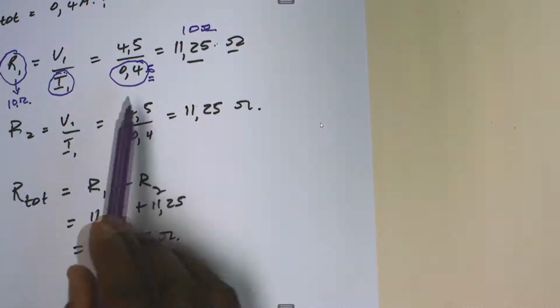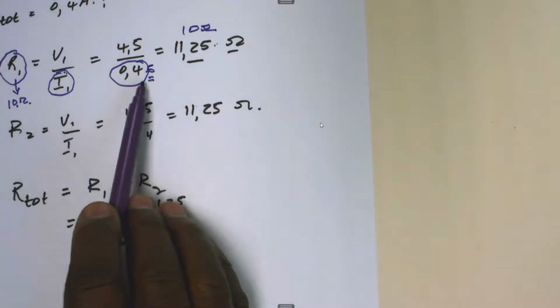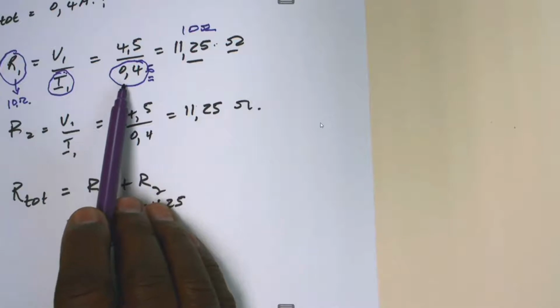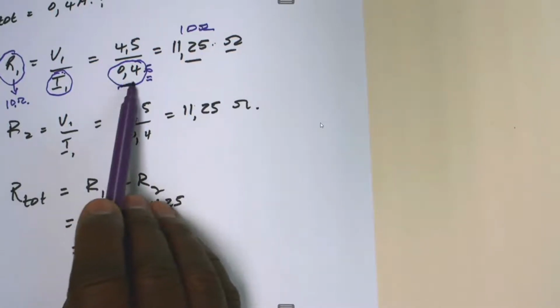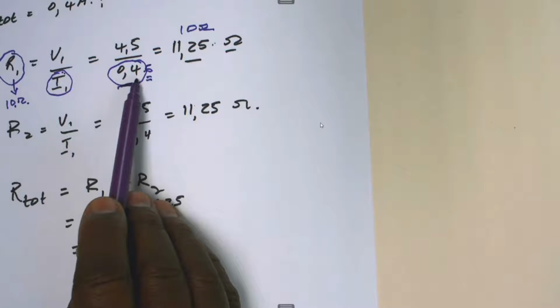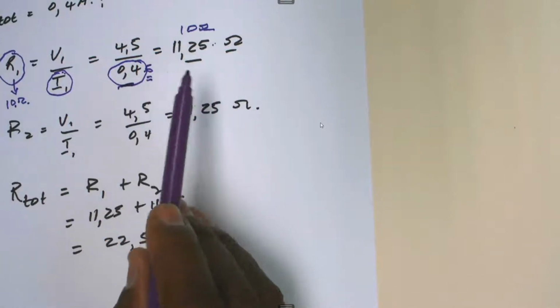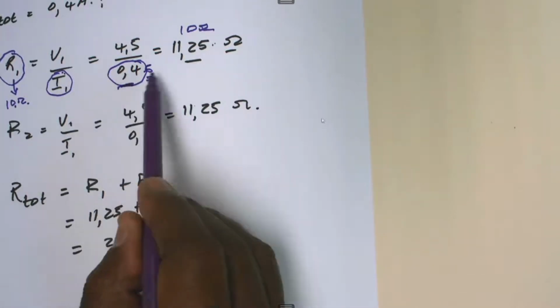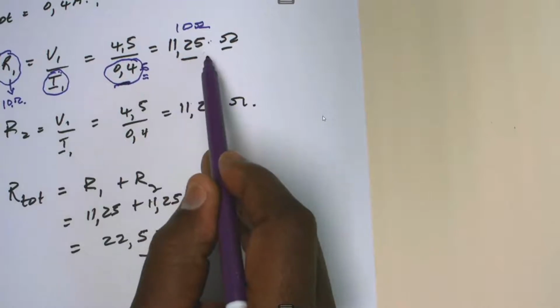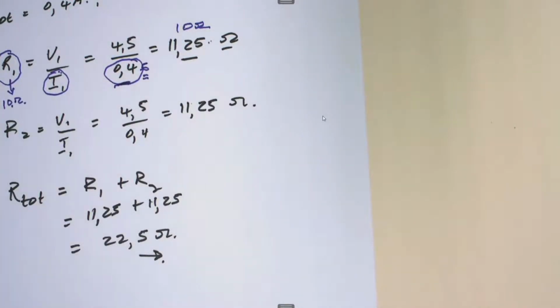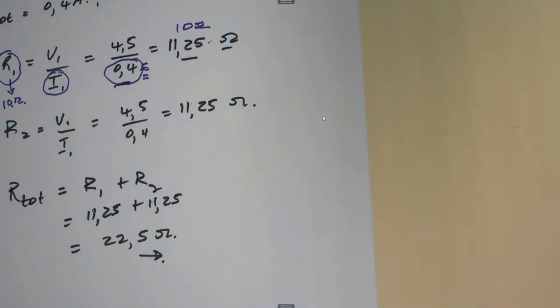But for the very same reason that I indicated, that this circuit rounds off this figure to 0.4 instead of 0.45, that has given us a resistance of 11.25. But I don't think that has any effect on what we want to establish here. We are using Ohm's law.